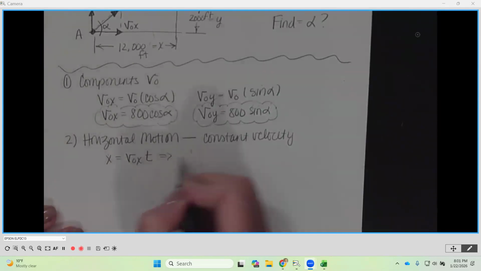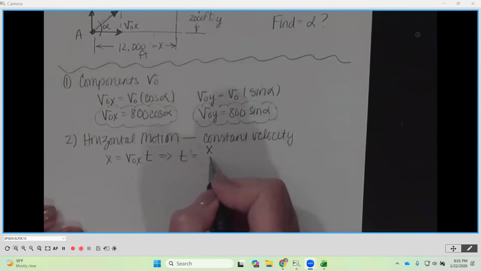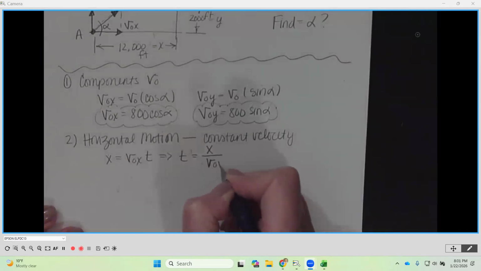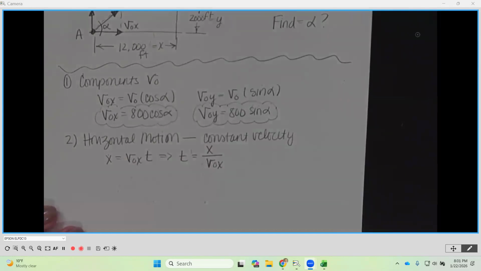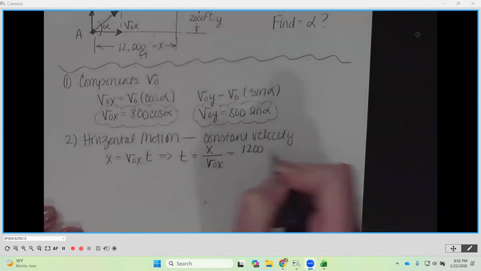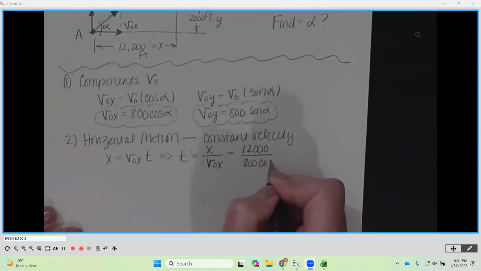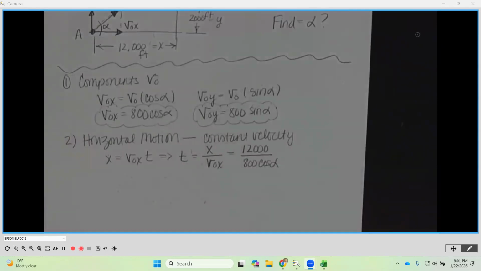So rearranging this for time, okay, equal to our x distance divided by our x component of that velocity. We know that that x distance is 12,000 feet, and we're going to divide that by 800 cosine alpha.